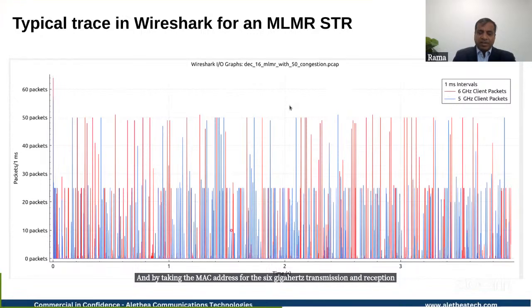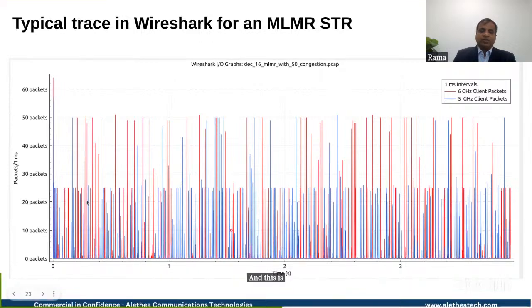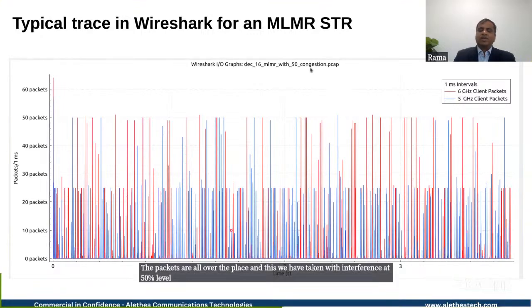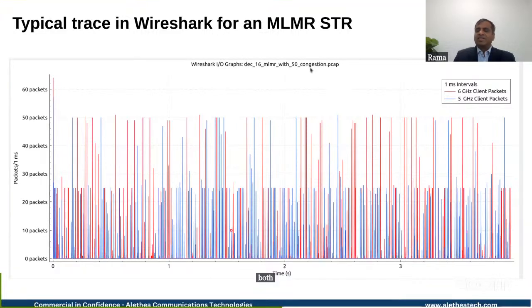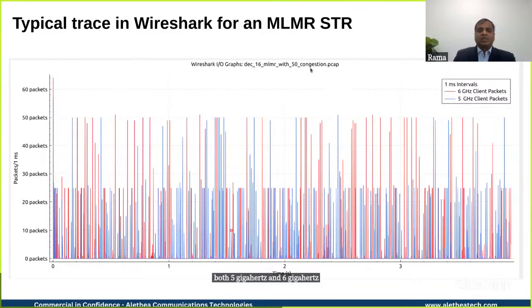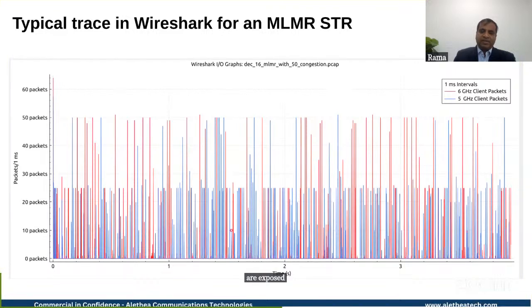And we can actually plot, and I have plotted it for a 1 millisecond interval, and this is how it looks. You see that the packets are all over the place, and this we have taken with interference at 50% level. Which means both 5 gigahertz and 6 gigahertz are exposed to equal interference.